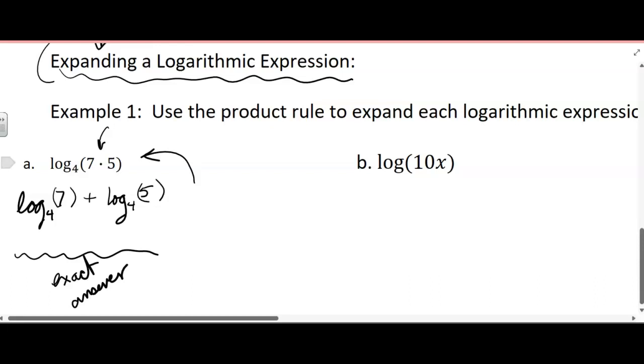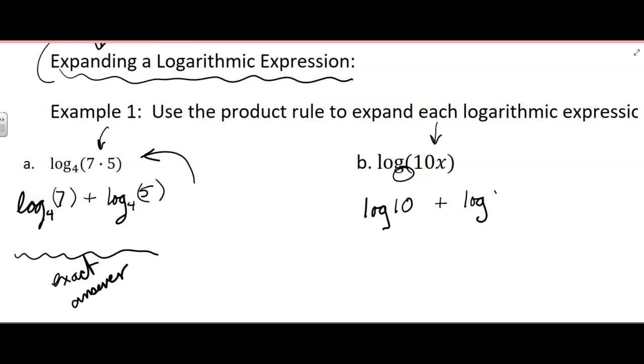All right, so now we're going to do the same thing here. You have the argument. You see the multiplication, 10 times x. So we have log of 10 plus log of x. Now this is a common log. There's no base written, so that means it's a common log. Okay, so that's how it pulls apart using the product rule.